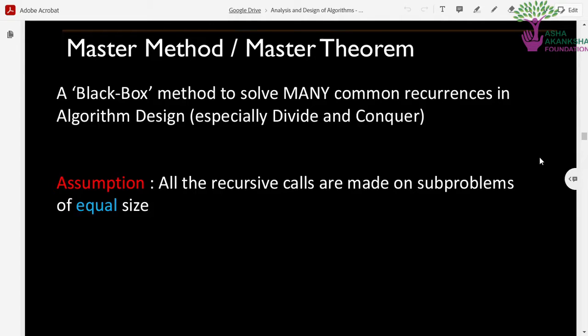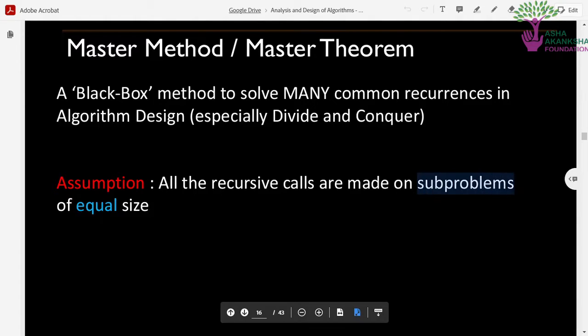So we are given a certain sized big problem, and we are dividing it into smaller chunks. Now one assumption that we follow in Master's theorem is that all the chunks, all the subproblems, will have equal size. Yes, this is the only assumption that we are following.